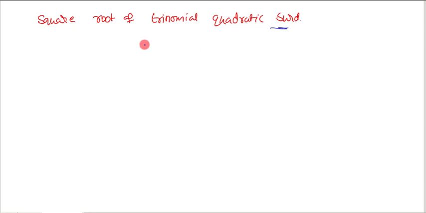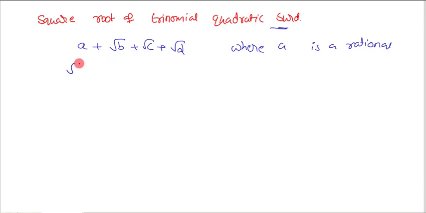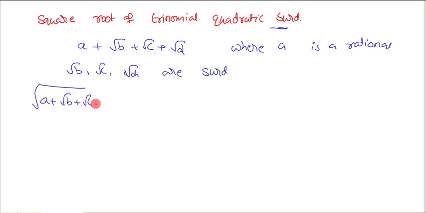If you take a trinomial quadratic surd, that is a plus root b plus root c plus root d, where a is a rational number, and root b, root c, root d are surds, then the square root of a plus root b plus root c plus root d is in the form of under root x plus under root y plus under root z.